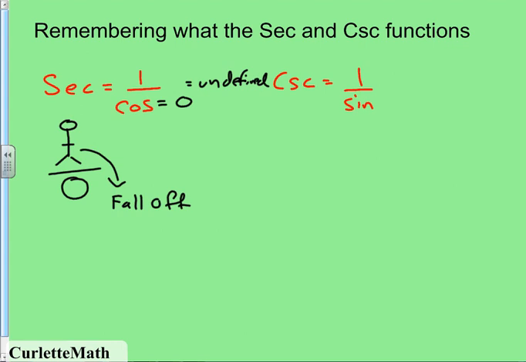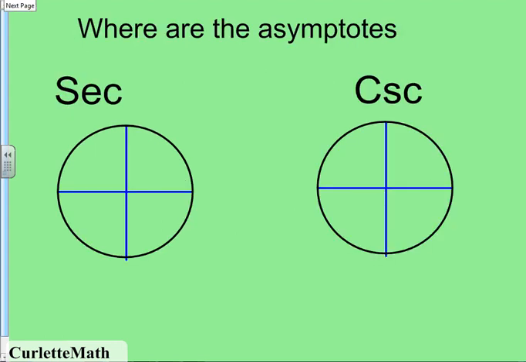Just like the secant function, if the sine function is 0, it's going to make the cosecant function undefined. That's what we're going to look at, because at those undefined marks, we're going to have asymptotes.